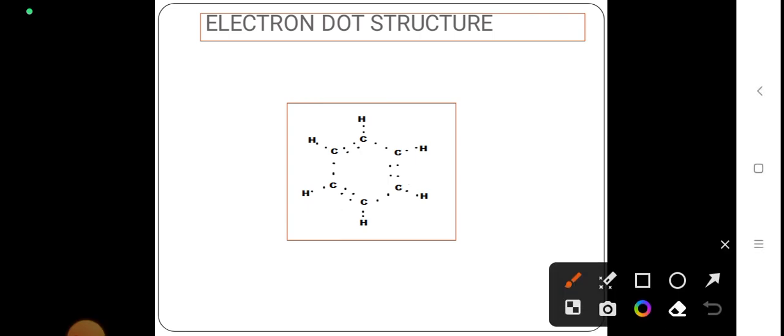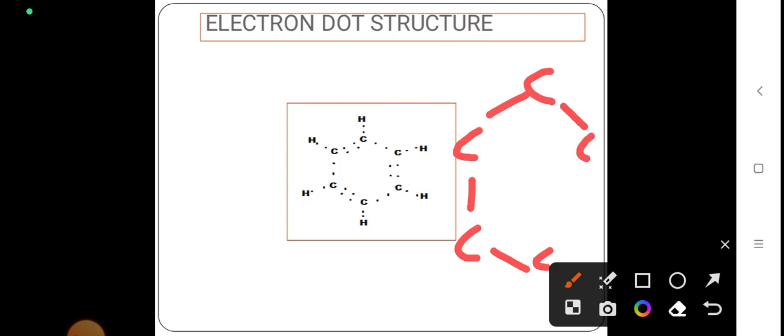Now coming to the electron dot structure. Whenever they ask for an electron dot structure in the exam, always make sure to replace a bond by 2 electrons. That's the simplest way of representing an electron dot structure. Suppose I give you an example. Let's say I am drawing cyclohexane.